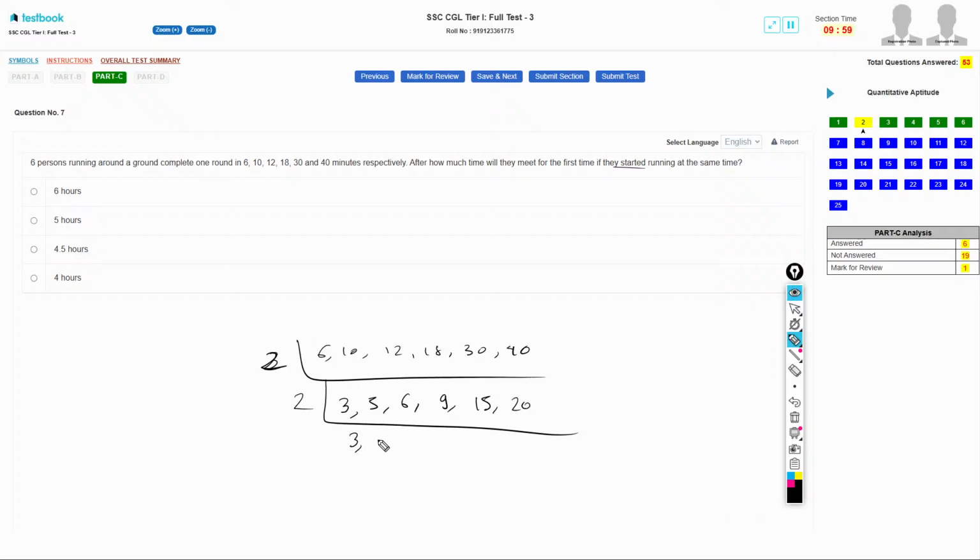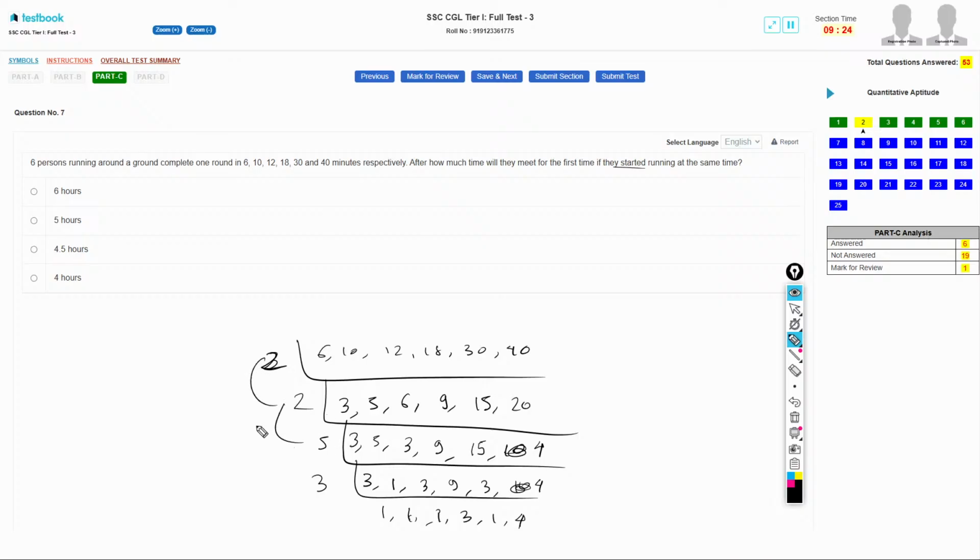Again 2 out. 3, 5, 3, 9, 15, 10. 5 out. 3, 1, 3, 9, 3, 10. 3 out again. So 1, 1, 1, 3, 1. Okay, I took 5 out. So it should have been 4. Should have been 4. Should stay as 4. So 2, 2, 4, 4, 20, 60, 16 to 12.